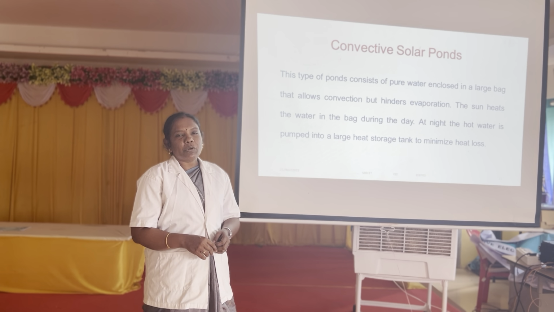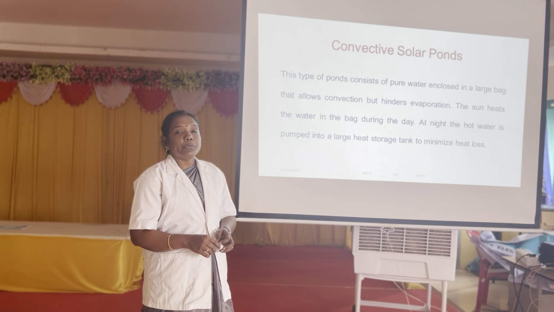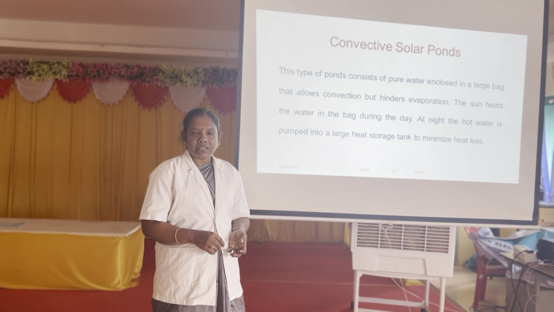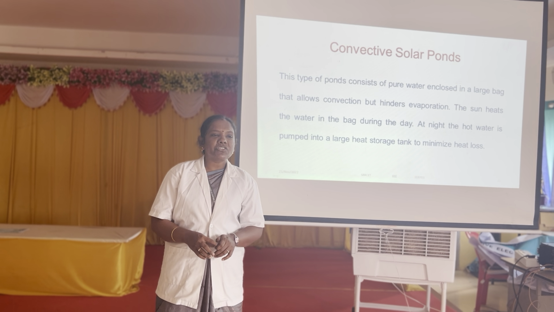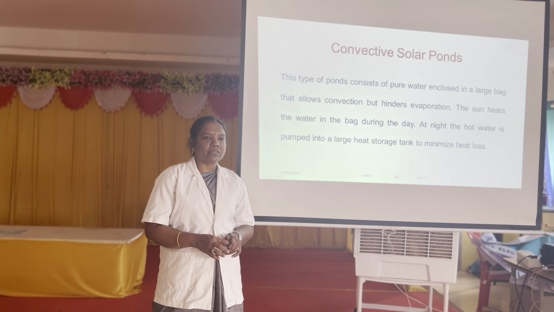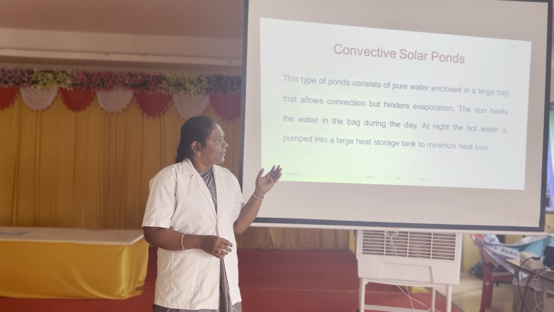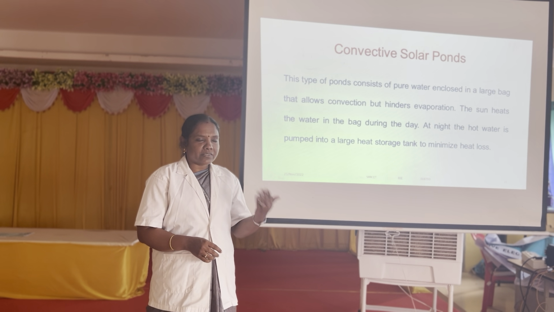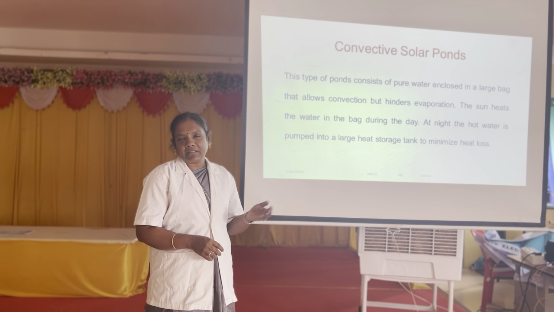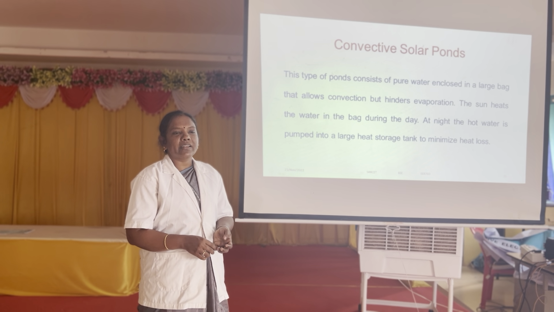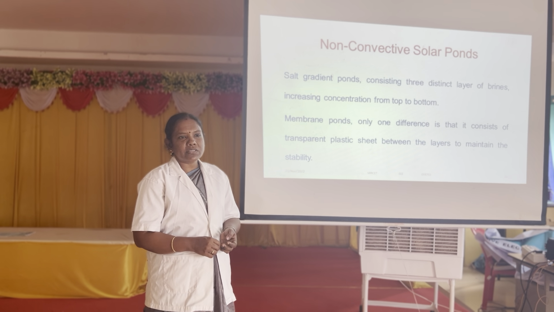In convective solar pond, we are using pure water as a source. It allows convection through evaporation. Here, the heat produced in the daytime is collected in a storage tank at night to minimize heat losses.